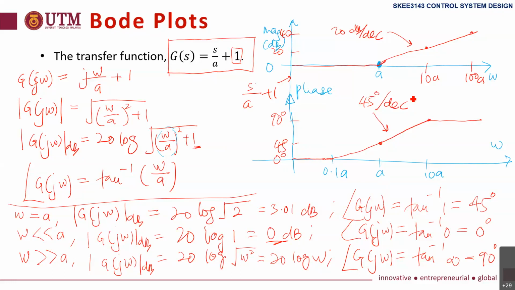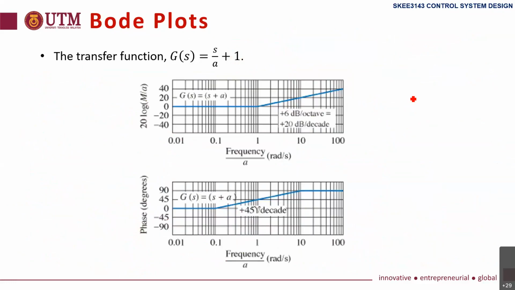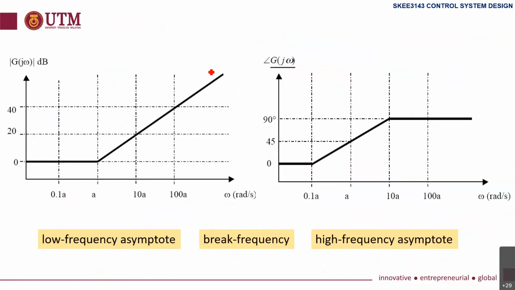Right, so this is S over A plus 1. I took it from the book, it is the same here. Now I replotted it here. Why did I replot here?